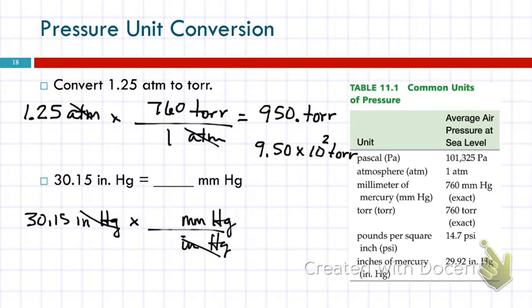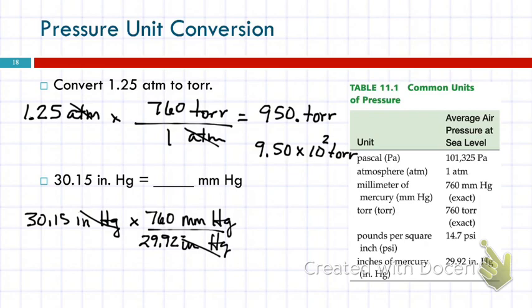I go looking for the relationship. I look in the pressure units. So here I have 29.92 inches of mercury. Okay, so I'll put that one down here, 29.92. And for millimeters, 760 millimeters, that's exact.